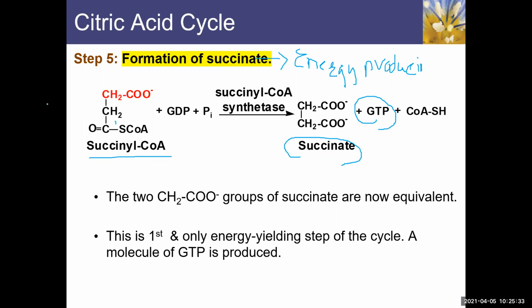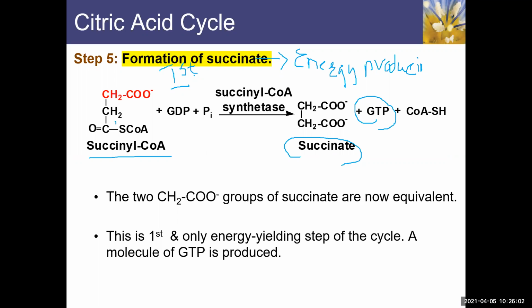You have to remember that this is the first energy producing step, because before this we did not produce any ATP. Though we produced NADH, NADH is later used to extract the ATP. But here we directly produced the ATP in the form of GTP. That is why we say this is the first energy producing step.